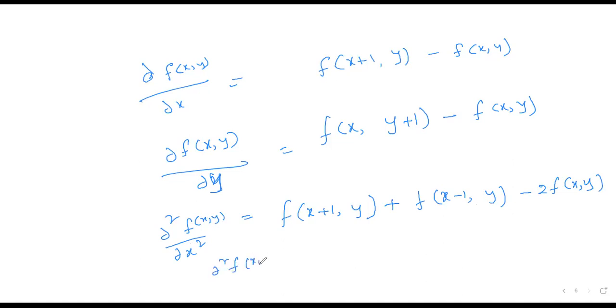Dou square f by dou y square is given as f of x comma y plus 1 plus f of x comma y minus 1 minus 2 f of x comma y. These are the partial derivatives, and you have to remember this.